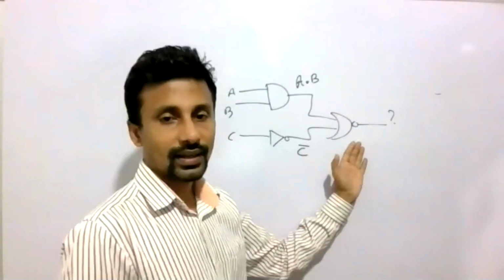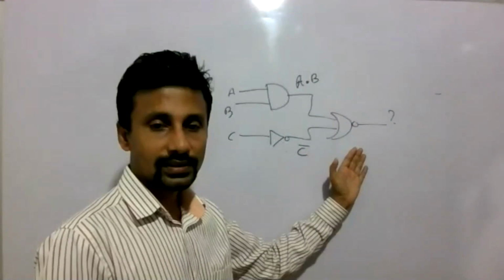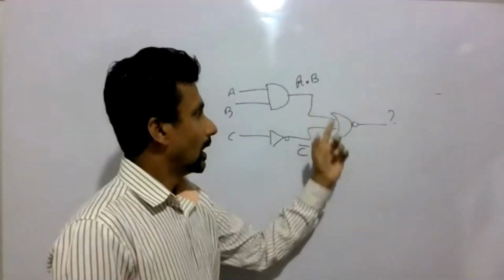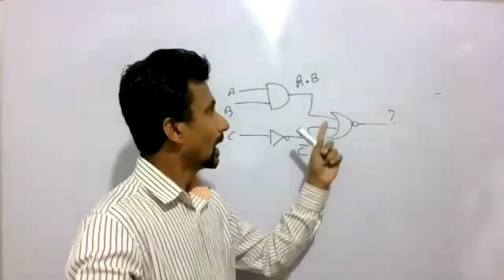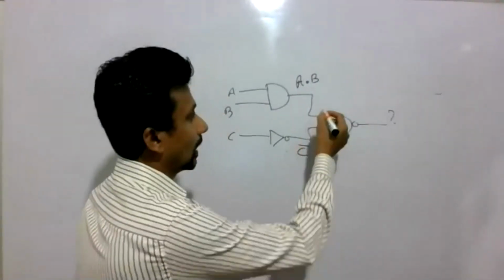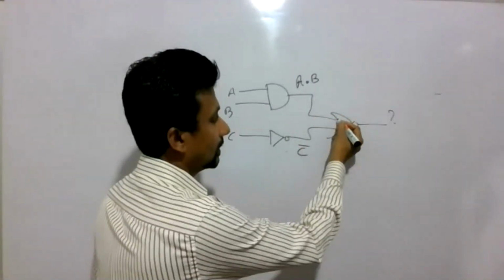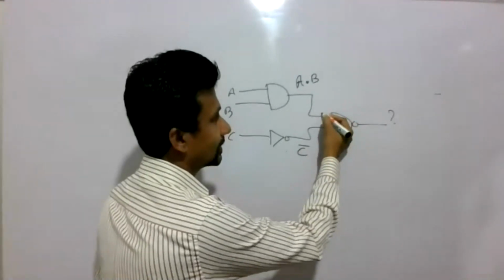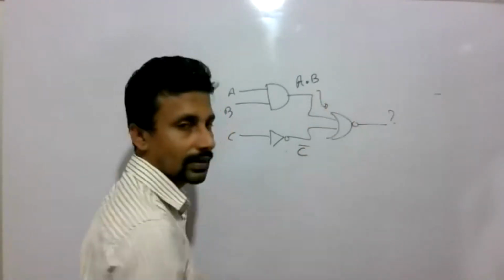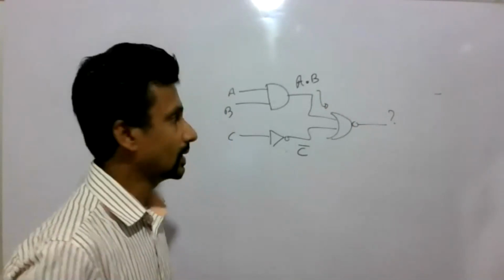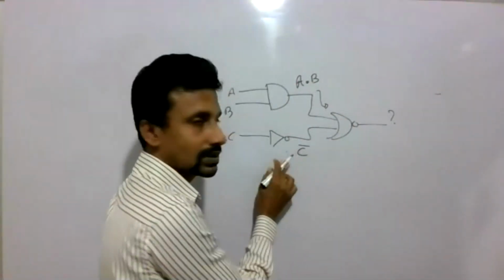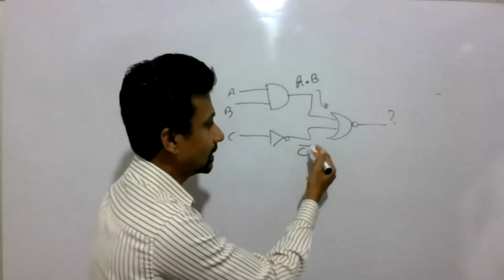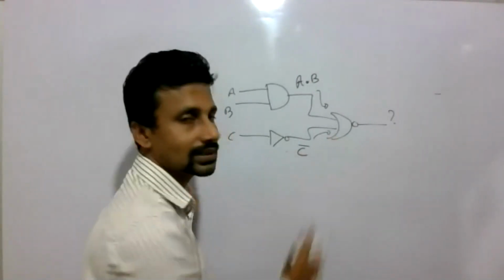Okay, students are sending the answers. Very good. So here I am taking A dot B, which is the input for this part. Now look here very carefully. This is the output from this gate, but it becomes an input for the last gate.